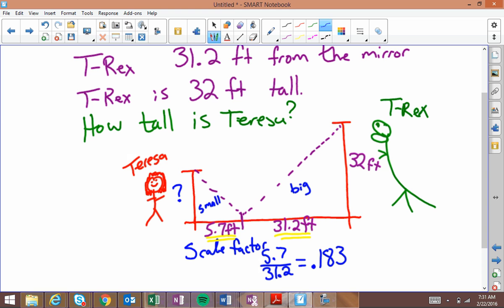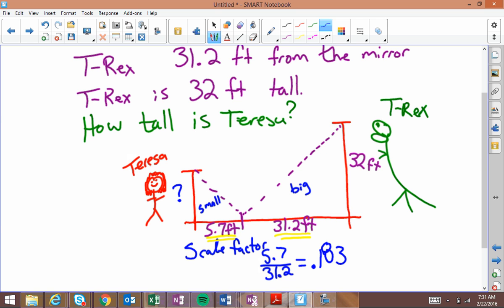Now, I'm going to stop and make sure it makes sense. I'm going from my big triangle to my small triangle, so I'm decreasing in size, which means my scale factor has to be less than 1. I look, my scale factor, yes, is less than 1, so I know I'm on the right track.